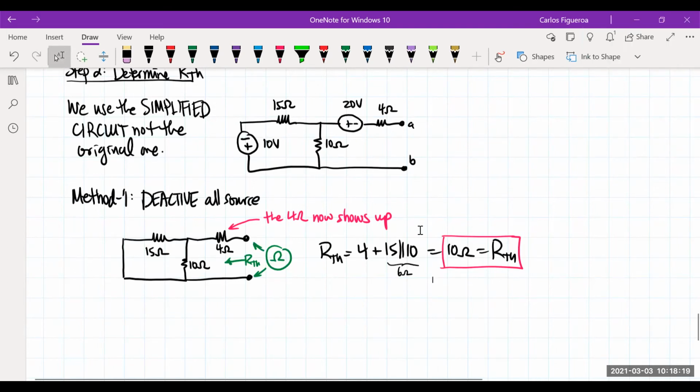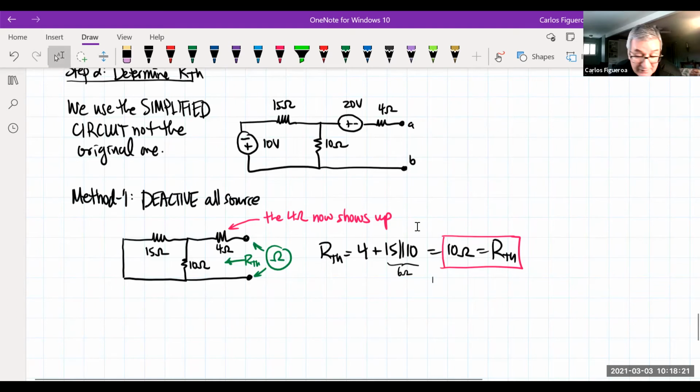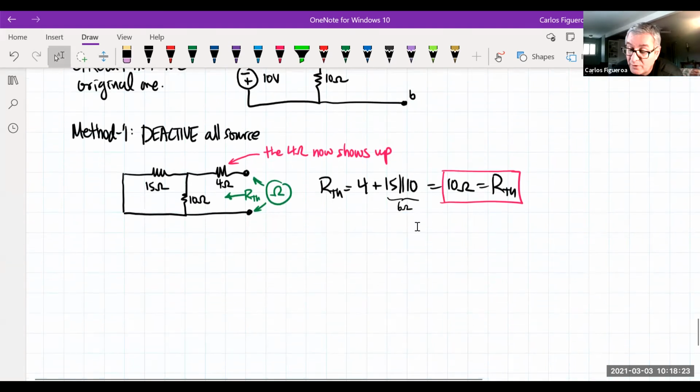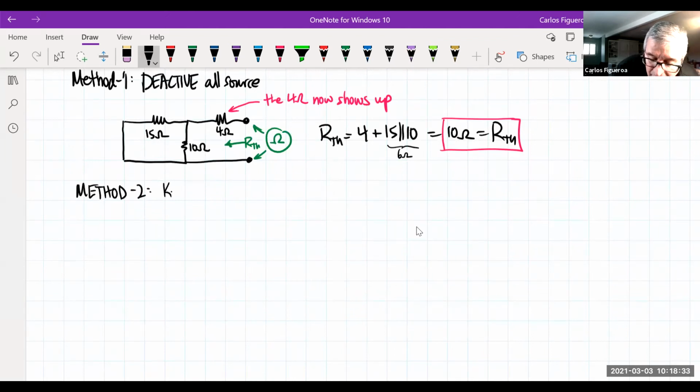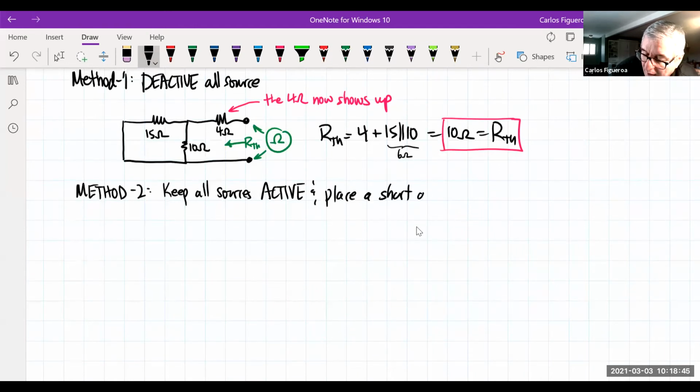So I already know what the circuit looks like, but let's go to method 2. We want to calculate the same Thevenin resistance here. So now we're at method 2. Here you keep all sources active and place a short at AB.